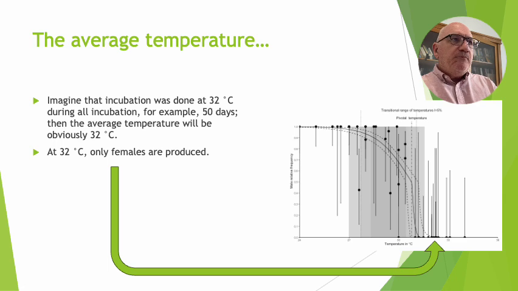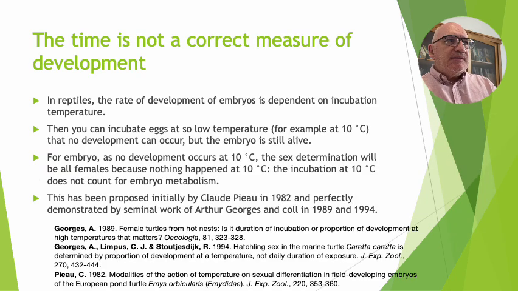But now, in reptiles, the rate of development of embryos is dependent on incubation temperature. Then imagine that you incubate eggs at such a low temperature, for example 10 degrees Celsius, that no development can occur because this is too low, but if it is for a very short time, the embryo can survive.